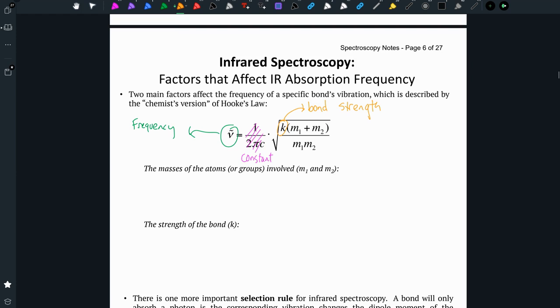And then these M values are essentially the masses of the two nuclei. The thing I want you to take away from this: because in the denominator you have M1 times M2, you're multiplying the two masses together. That's generally going to be a bigger value than M1 plus M2. So when you have bigger masses, that denominator gets really large.